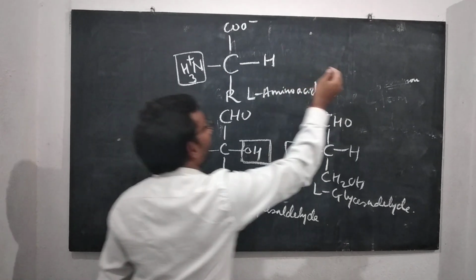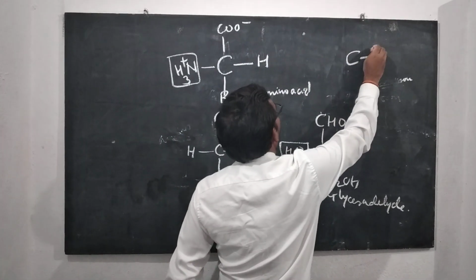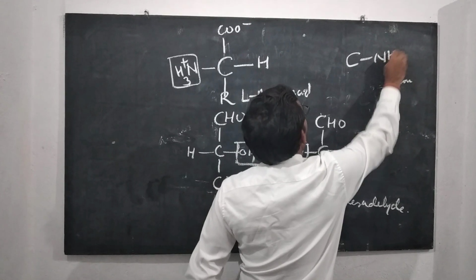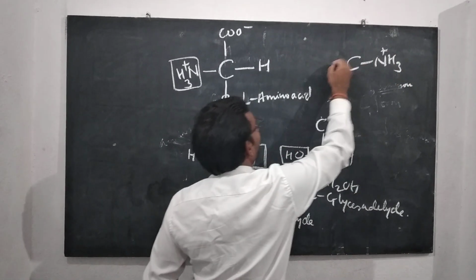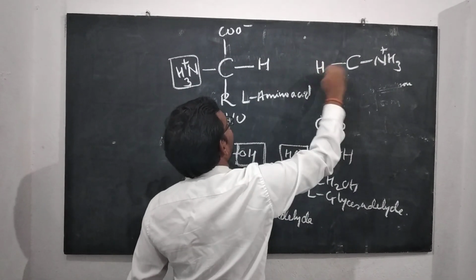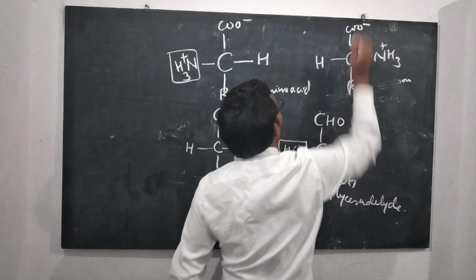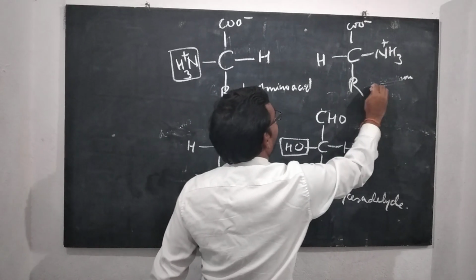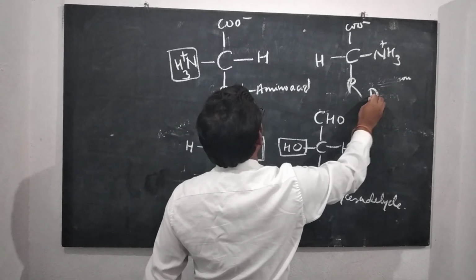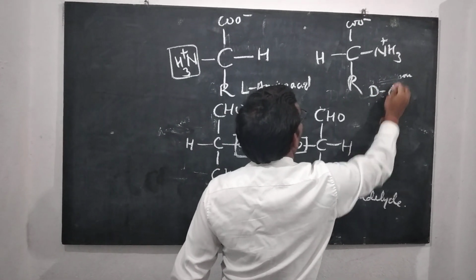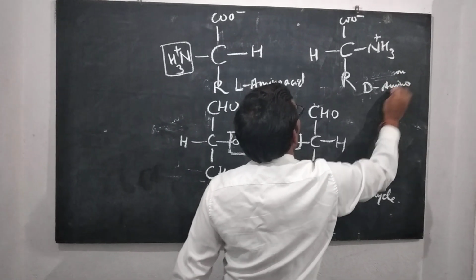And if the amino group is on the right side, with H, R and COO minus arranged accordingly, it is called a D-amino acid.